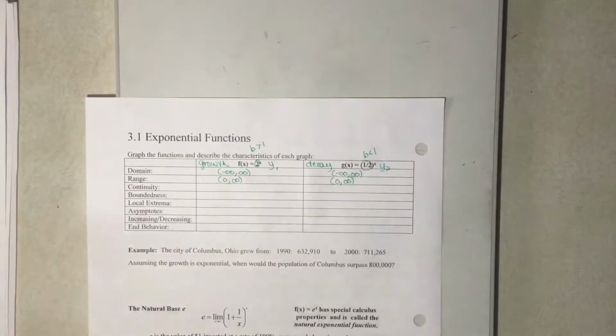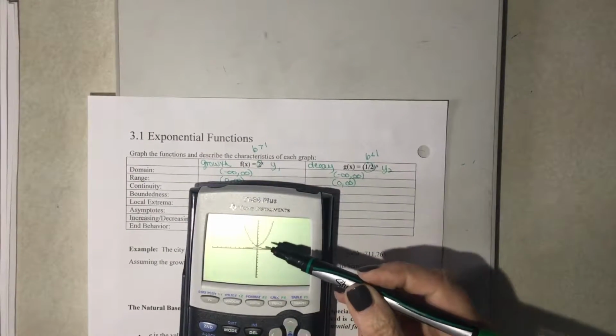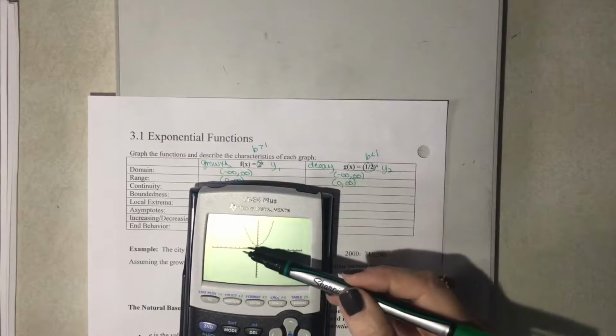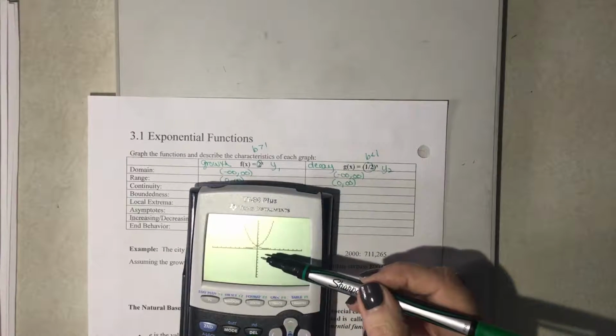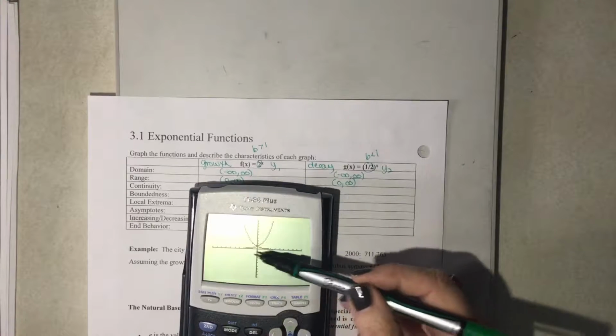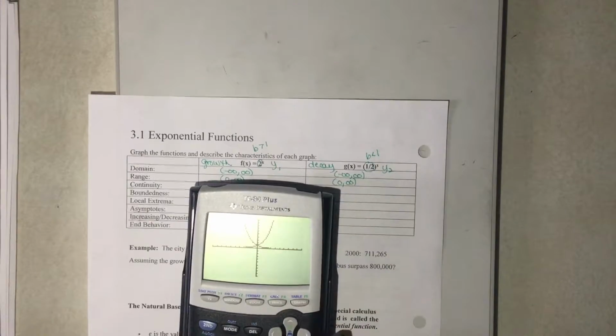There's nothing below the x-axis. Both graphs lie above the x-axis, and they both have horizontal asymptotes, so therefore neither one of them can have 0 inclusive in their range.